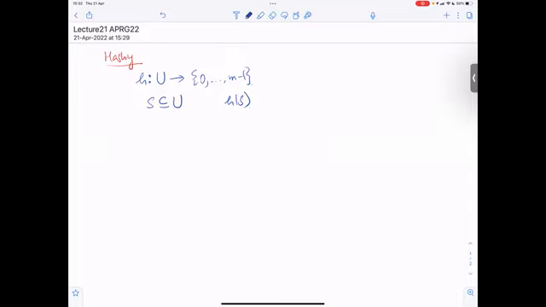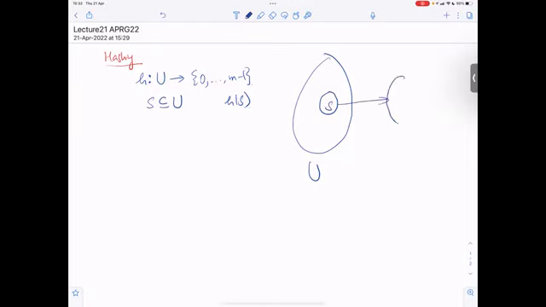U is your large space, and this entire thing maps to some set here. We want S to map to distinct elements. We want the function to be one-to-one on S, ideally. Of course, we would require this M to be greater than the size of S.